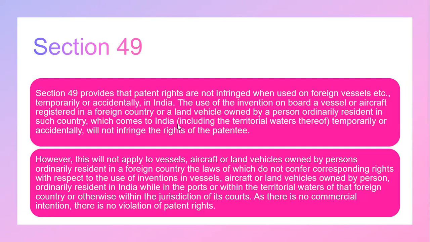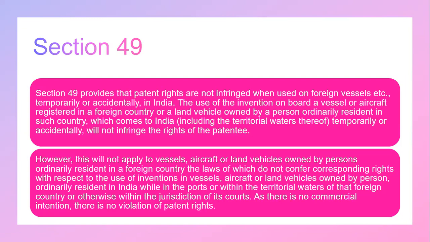However, this will not apply to vessels, aircraft, or land vehicles owned by persons ordinarily resident in a foreign country, the laws of which do not confer corresponding rights with respect to the use of inventions on vessels, aircraft, or land vehicles owned by a person ordinarily resident in India, while in ports or within territorial waters of that foreign country or otherwise within the jurisdiction of its courts.